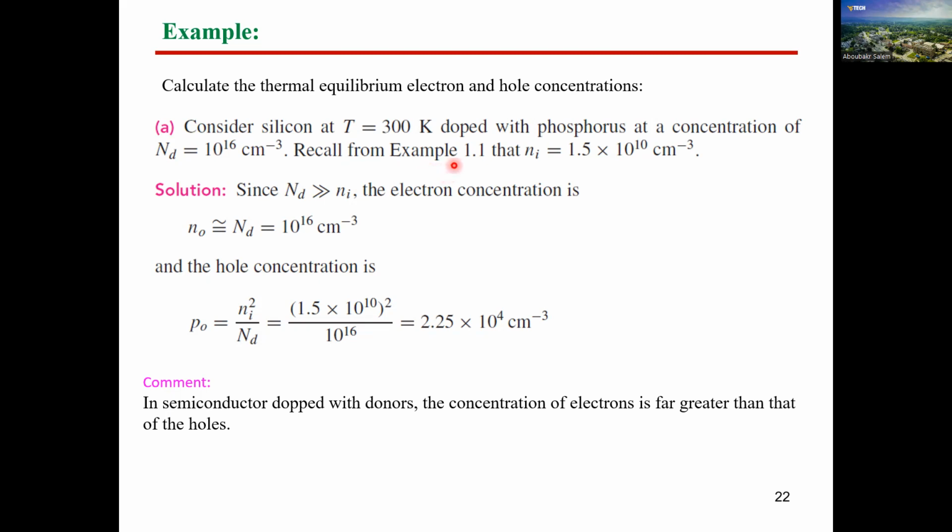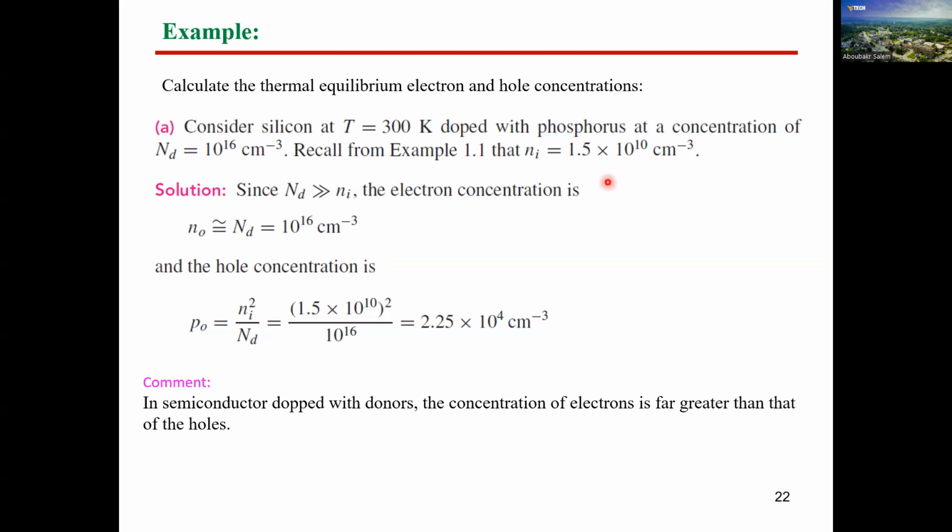we need now to have some constants. So from the previous example, guys, we knew that n_i equals 1.5 times 10 to the power 10. This is from the previous example. This is the electron concentration of silicon.